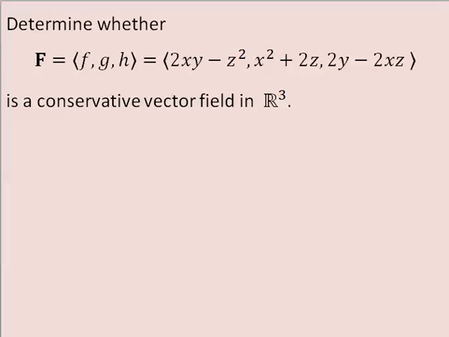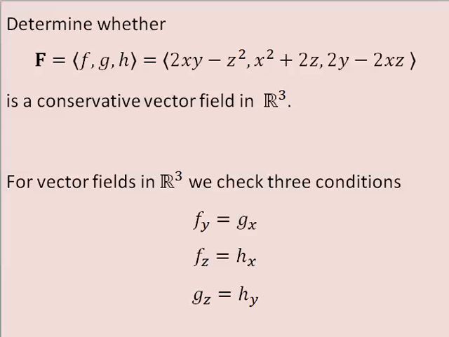Determine whether this vector field in 3-dimensional space is conservative. Here we have to check 3 conditions because we're in 3-dimensional space. So we need to check that f partial y equals g partial x, f partial z equals h partial x, and g partial z equals h partial y.